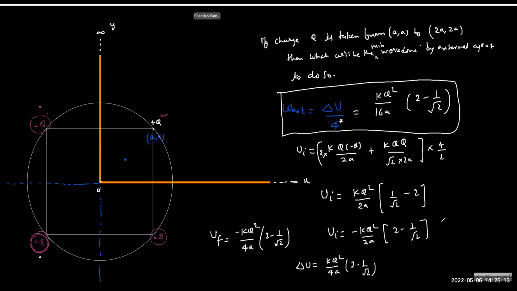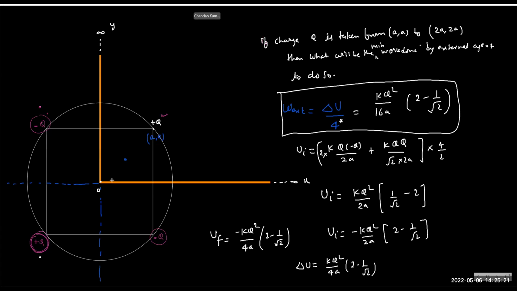So one last question to end this discussion. The other question they may ask you is, can you find the force? So we can find the net force on any charged particle. One will repel and the other will attract. So the diagonal will repel and these two will attract.